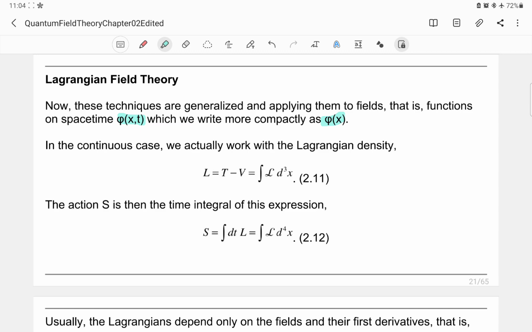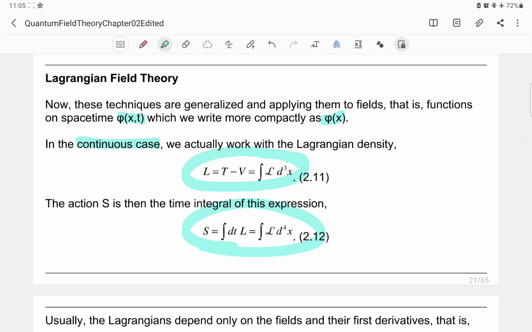So in a continuous case, we actually work with the Lagrangian density here instead of L. So the action now is written in this way: the integral of the Lagrangian density with respect to four coordinates, time and space, with respect to space-time.